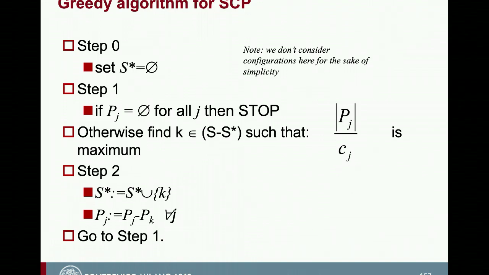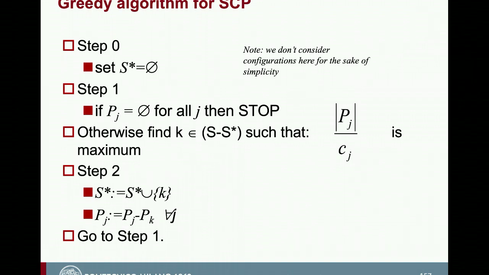So we select the candidate site k that is maximizing this ratio, and we add it to the solution set. Of course, in this case we are not considering configurations, but the extension is trivial.